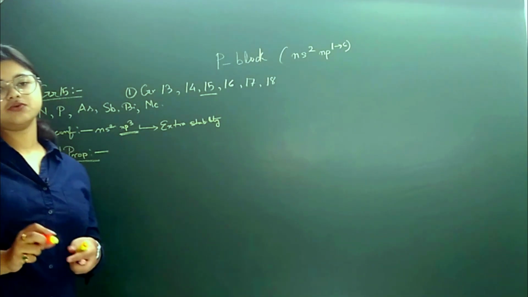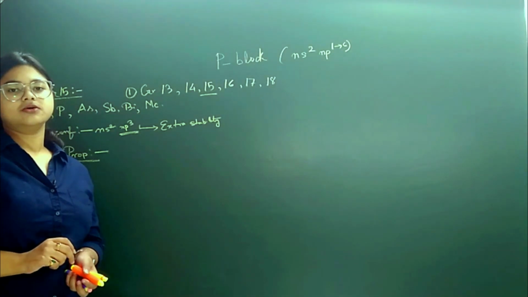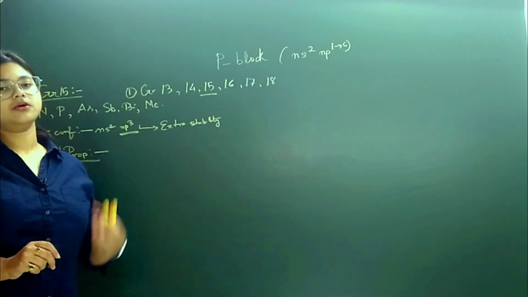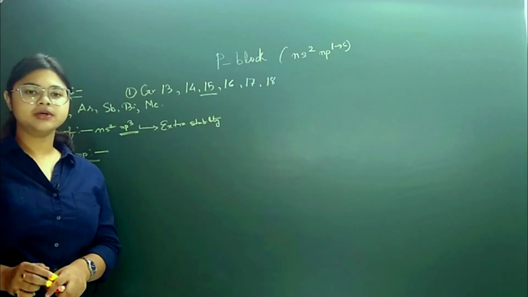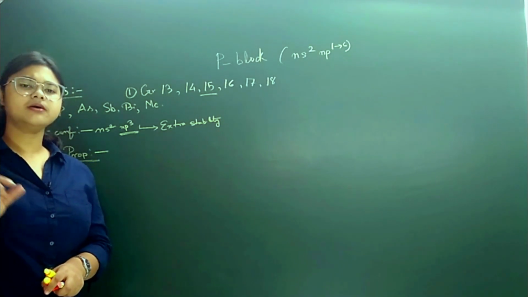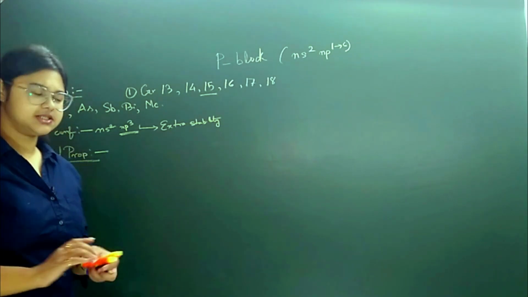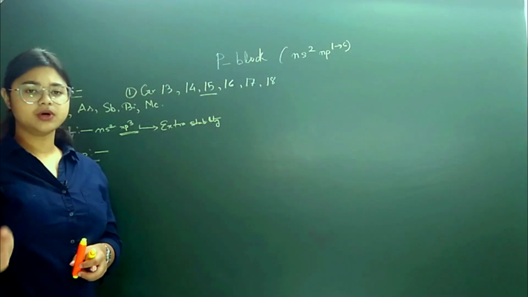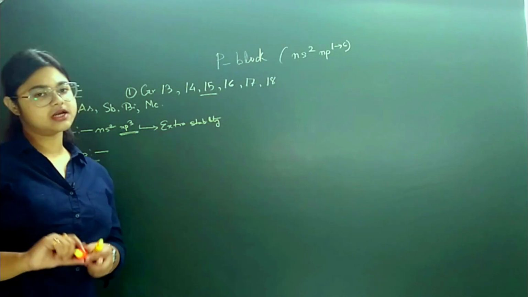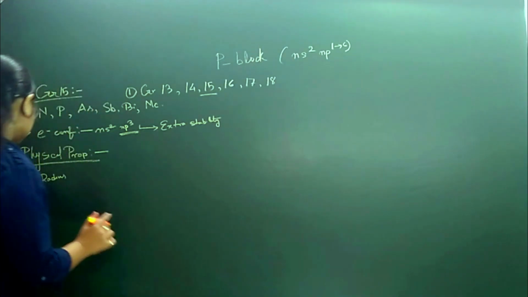What is atomic radius? Atomic radius is the radius of the atom, simply said. And atomic radius consists of two kinds of radius: one is covalent radius and another is metallic radius.